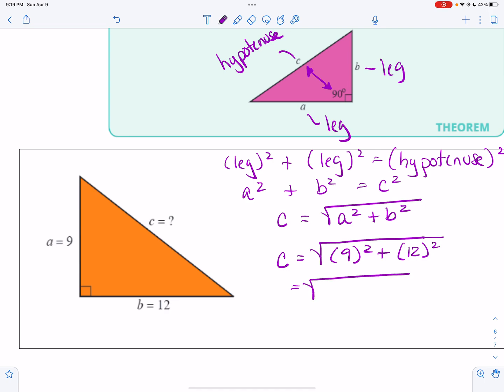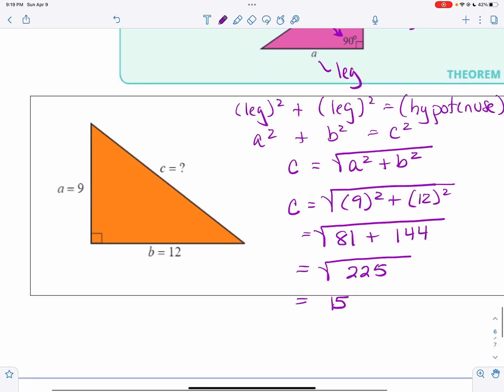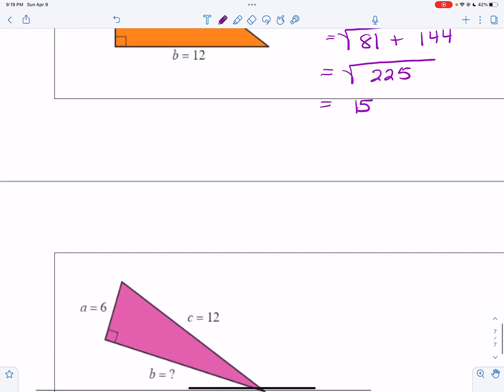So that gives me the square root of 81 plus 144, which if I add those up, gives me the square root of, let's see, I think that's 225. 144 plus 81, yep, 225. And then if I take the square root of 225, that is a perfect square. So c is equal to 15.